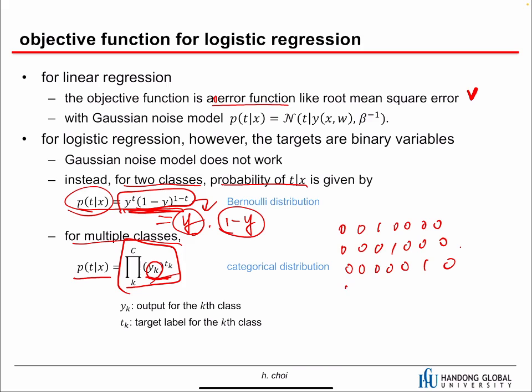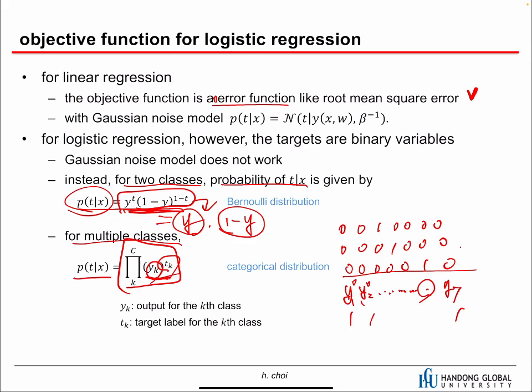So y sub k is something like y sub 1, y sub 2, up to y sub 7, and then we have a superscript here. If the target is the 6th class, then y sub 1 to the power of 0 is 1, y sub 2 to the power of 0 is 1, and all the other ones will be 1.